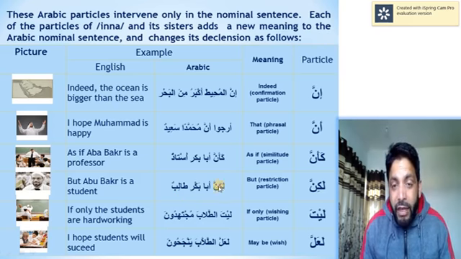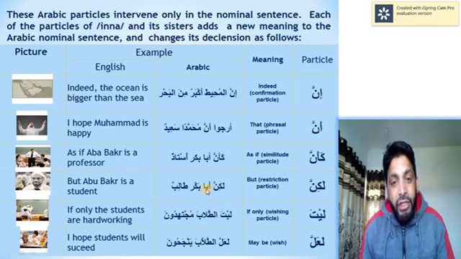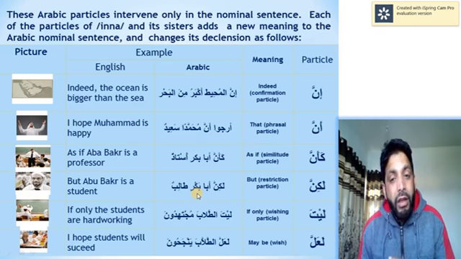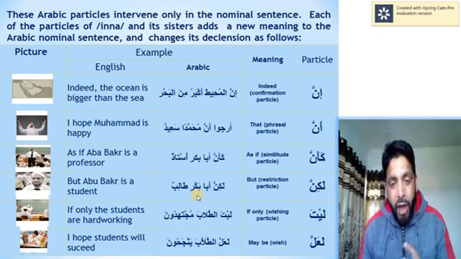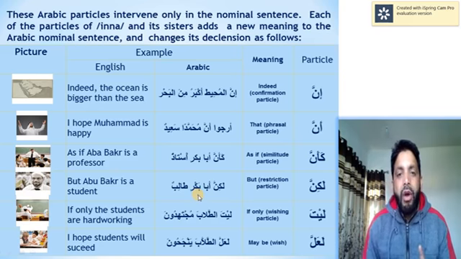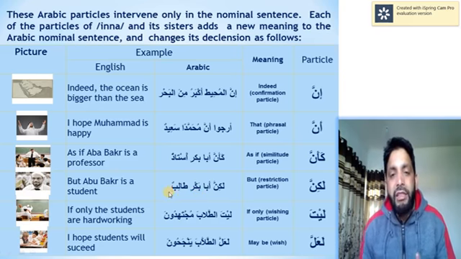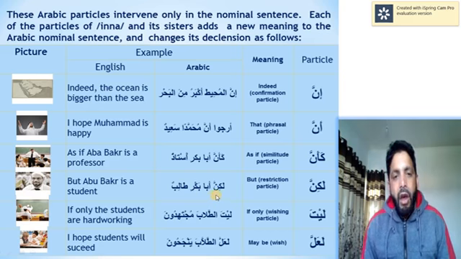So lakinna is what? Al harf al mushabbah bil fail. It's an annular particle. Aba Bakrin is its noun, ismu lakinna. Talibun is its predicate, its khabar. But Abu Bakr is a student. We often use but in the middle of the sentence in English as well. Similarly in Arabic.